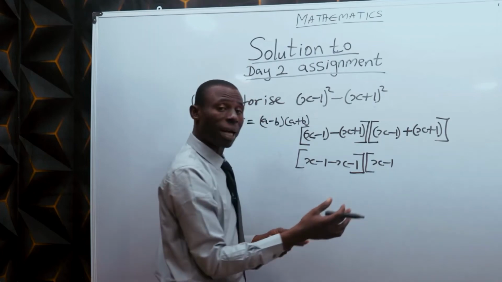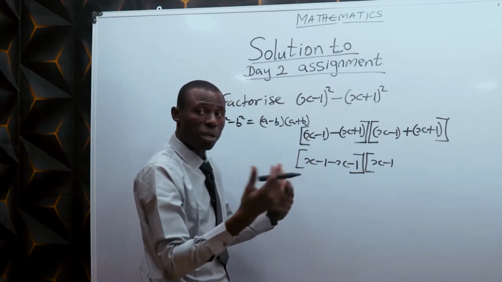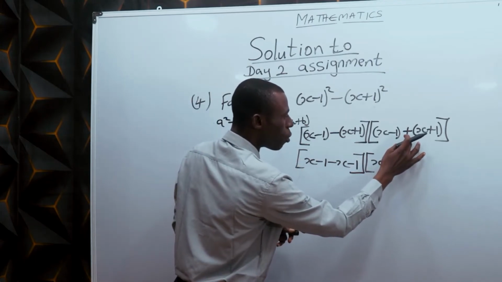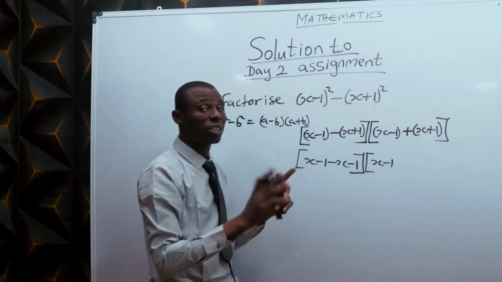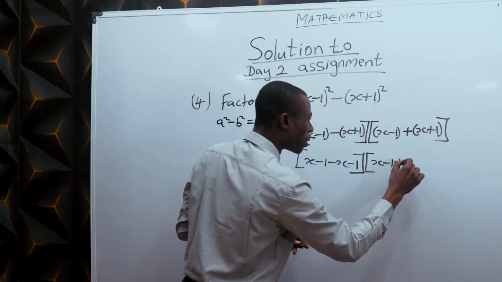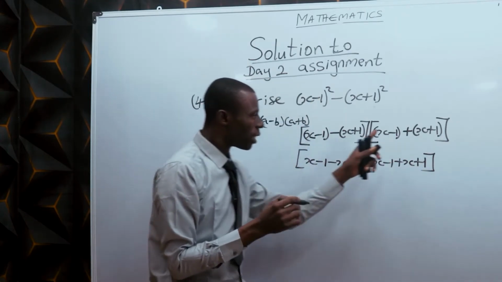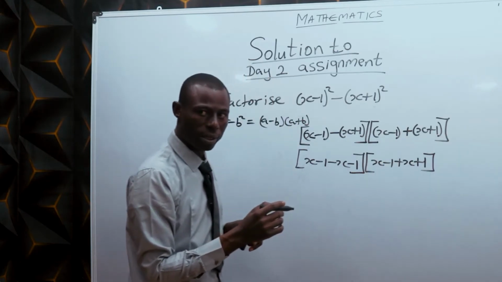If you are opening a bracket with 1, the bracket remains and the items in the bracket remain the same, no change. You only remove the bracket. Here you have something at the back of the bracket which is positive. Positive also does not change things when you open the bracket. So you have plus x plus 1. But if this positive happens to be negative, the negative will change the signs inside the bracket.